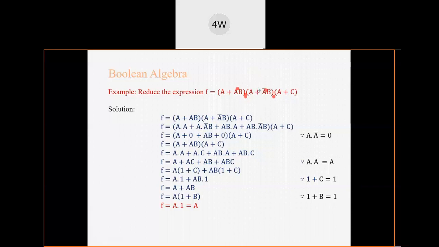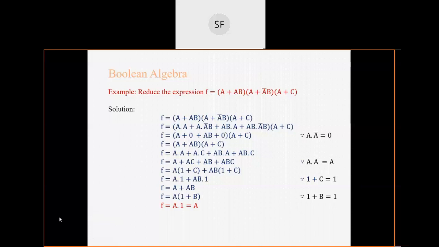So 3 OR gates you require, 4 AND gates you require, and one complement is there, so 1 NOT gate. So in total you require 8 gates to realize this operation. Now we will simplify this function and we will see the output.